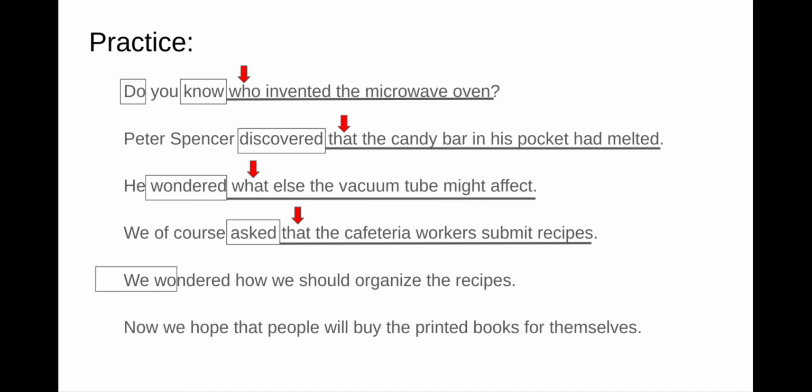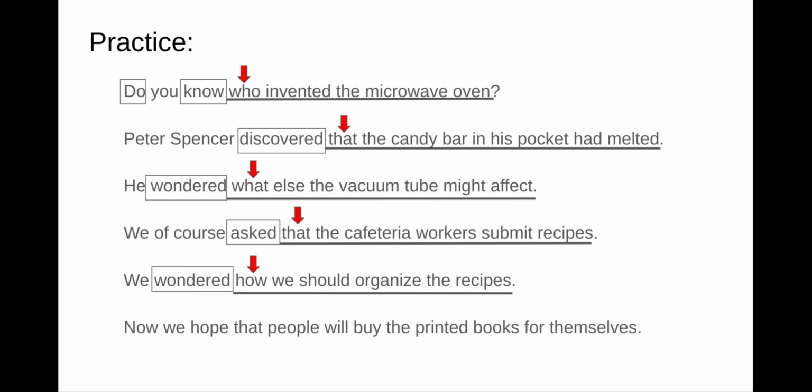Second to last sentence, we wondered. All right, what did we wonder about? We wondered how we should organize the receipts. So the direct object is how we should organize the receipts. That's your clause telling you what you're wondering about. Final example. Now we hope that people will buy the printed books for themselves.